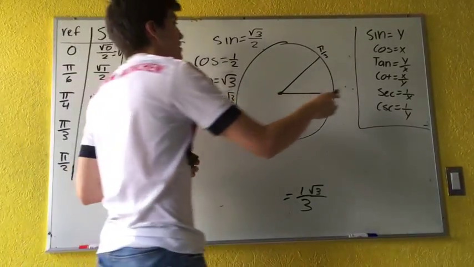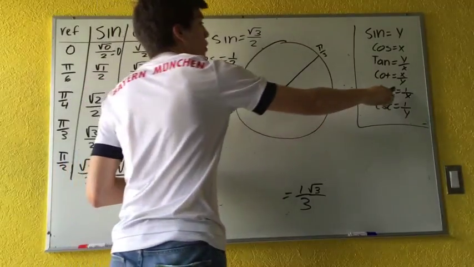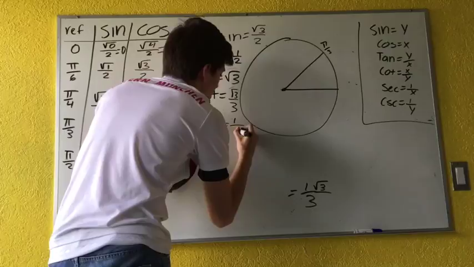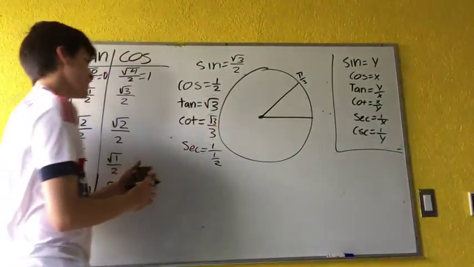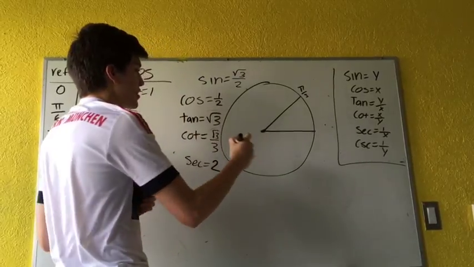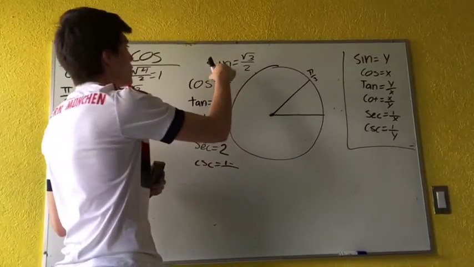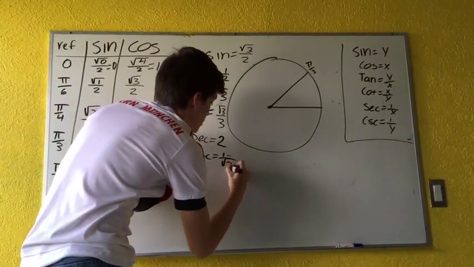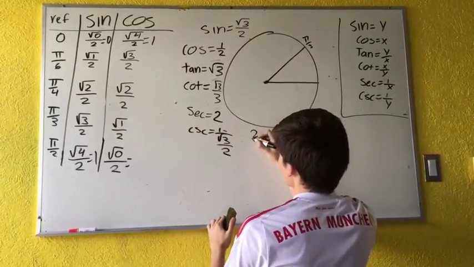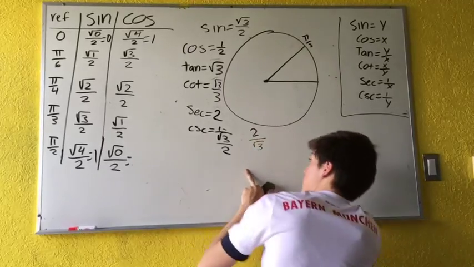Well, the next step, secant. The secant is equal to 1 over x. So 1 over 1/2. So the secant is going to be 2. And finally, cosecant. That's 1 over sine. So we make this, and it's 2 over root square of 3.